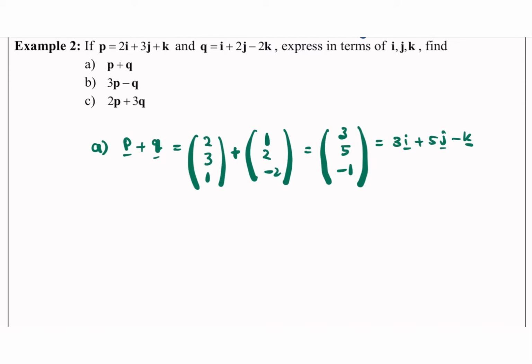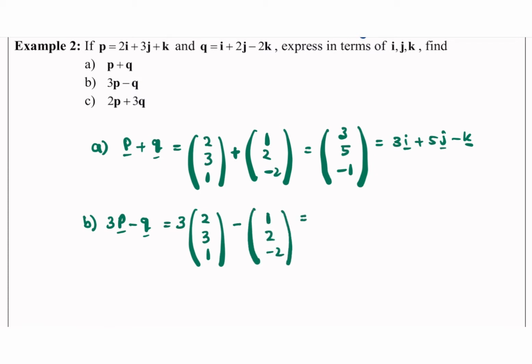Let's look at for B. We want to find the 3 times vector P minus dengan vector Q. So, 3 ni constant. Vector P adalah (2, 3, 1) minus dengan vector Q adalah (1, 2, negatif 2). Dan kita pun buat 3 darab 2 adalah 6.